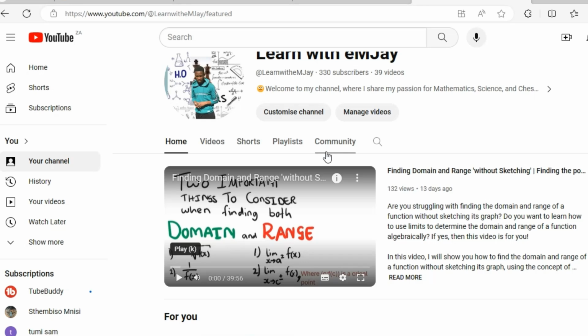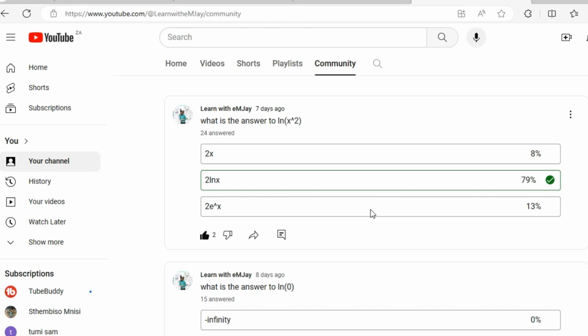Under the community tab here, you click there, and then you can select the correct answer. If you select the wrong one, 13% of the people I see selected the incorrect answer here. Because the question is what is the answer to ln of x squared, you just take 2 in front and the answer will be 2 ln x.